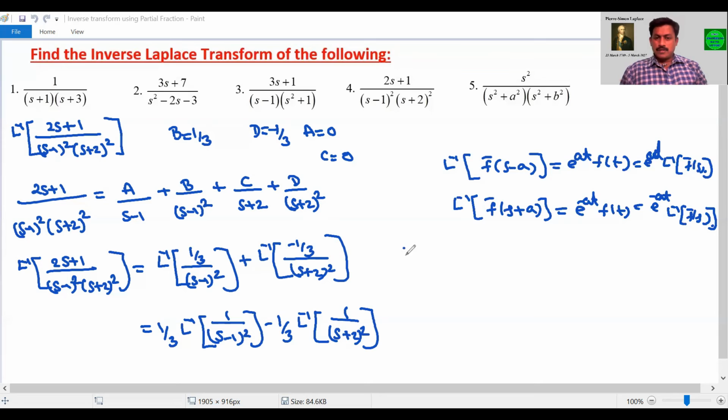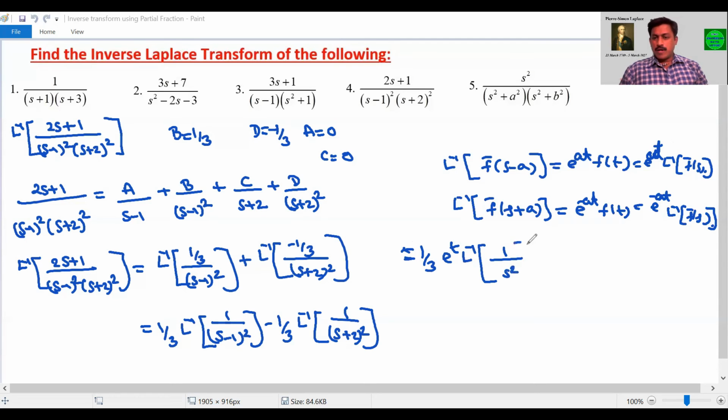If you apply this, we will get 1/3 into, this term can be written as e power t into L inverse of, this is f bar of s minus a form.